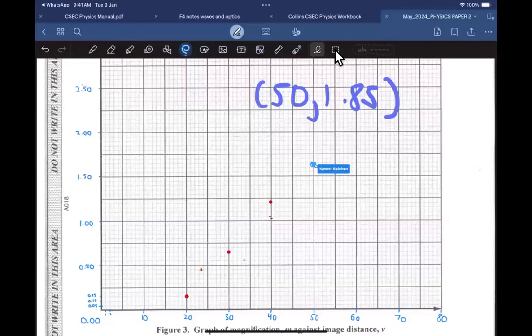I'm not too sure if that one is accurate. Let me check it. So Nicholas, over here will be 1.55, then 1.60, 1.65, 1.70, 1.75, 1.80, 1.85. I'll be over here. You understand how I do that? Yeah.